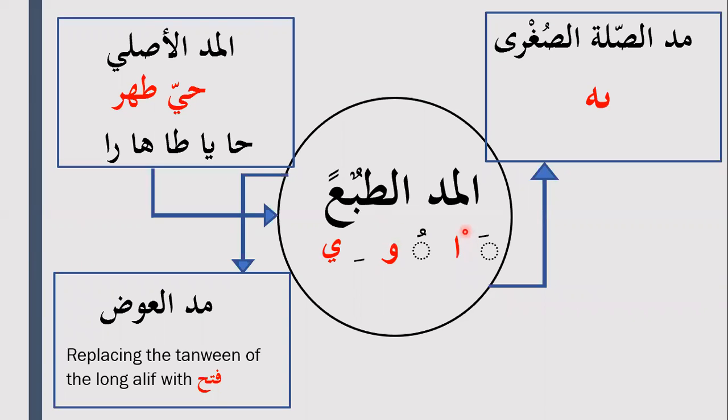So the alif does not have a fatha on it. The waw will have no dhamma on it, and the ya will have no kasra under it. It has no other marking on it, so it's completely standing alone. So it's a letter that stands alone without any type of marking on that. Your short vowels, they are markings themselves. So this is a fatha, dhamma, and kasra, and they represent a short vowel.